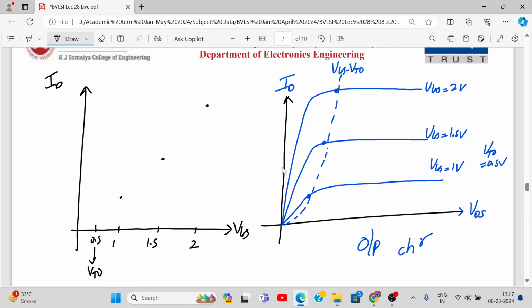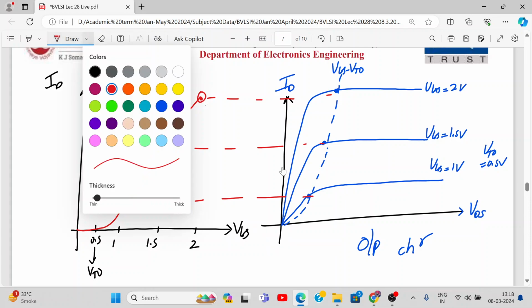So till 0.5 the curve will be off, and after that the current will go on increasing. You will get this type of characteristics. And these are the points derived from the output characteristics. Look at these points. So this transfer characteristics is derived from output characteristics, so these need not be studied separately.